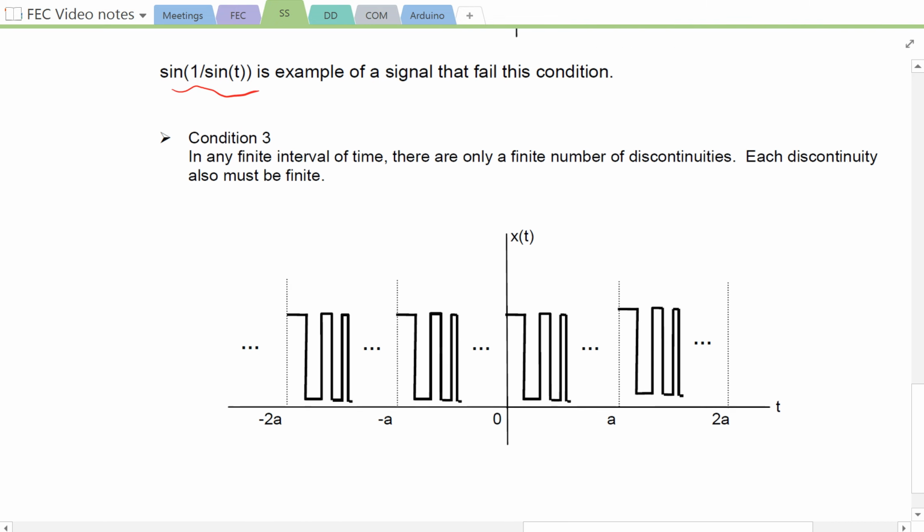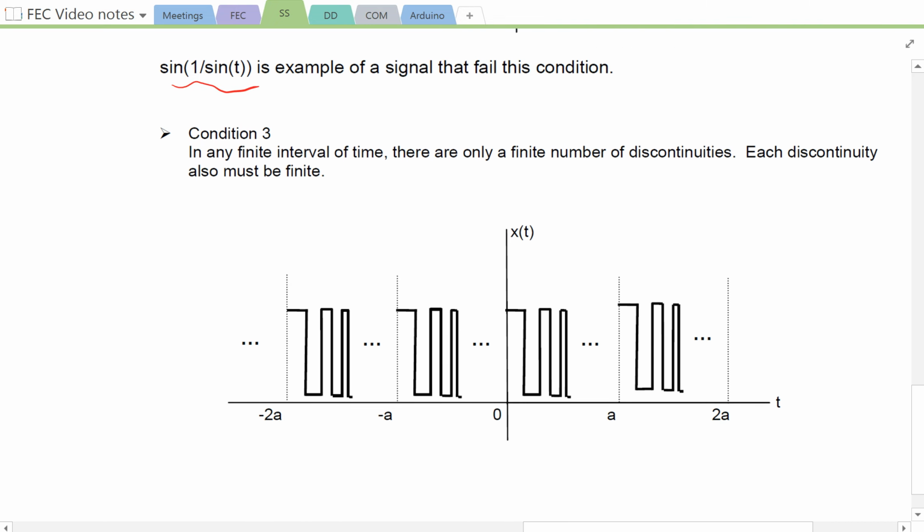Condition 3 is even less common in some ways, and that basically says in any finite space from, let's say, 0 to minus a or 0 to a, just pick a to be whatever you want, we will have a finite number of discontinuities. So we can count, basically, how many discontinuities. It doesn't mean we don't have lots of discontinuities. It just means it is countable and we have a number we can attach to it.